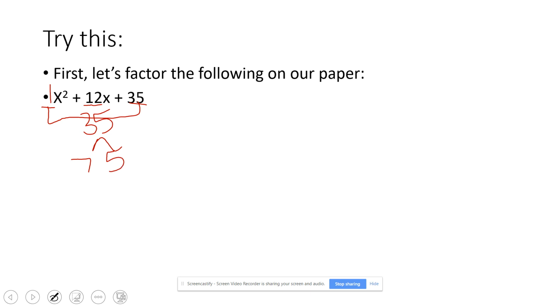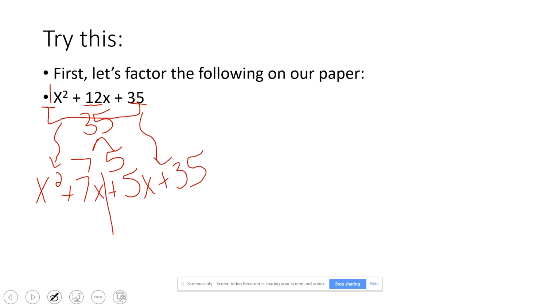Now remember, if you have a method of factoring that you love best, that's what you're using to factor. Otherwise, we introduced this factoring by grouping method way back in section 3.0. And we're going to split this in half. Our common factor on the left side is x, leaving us with x plus 7.